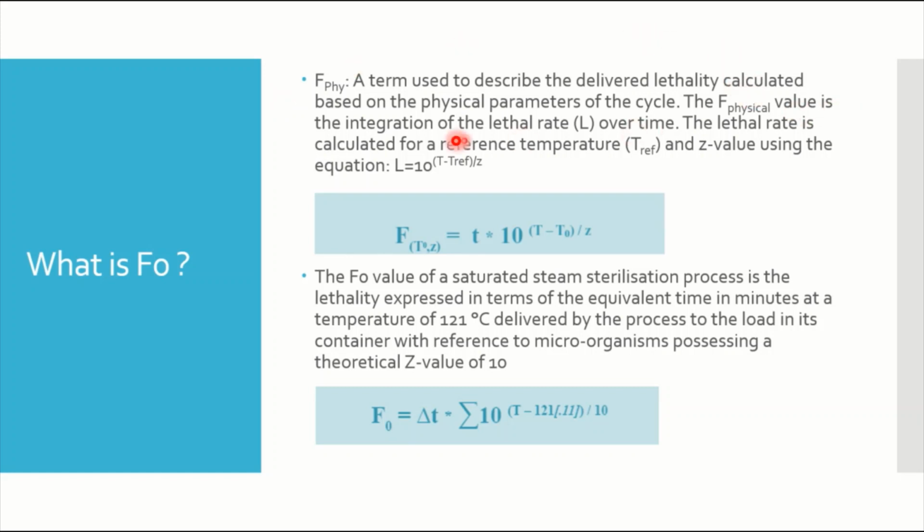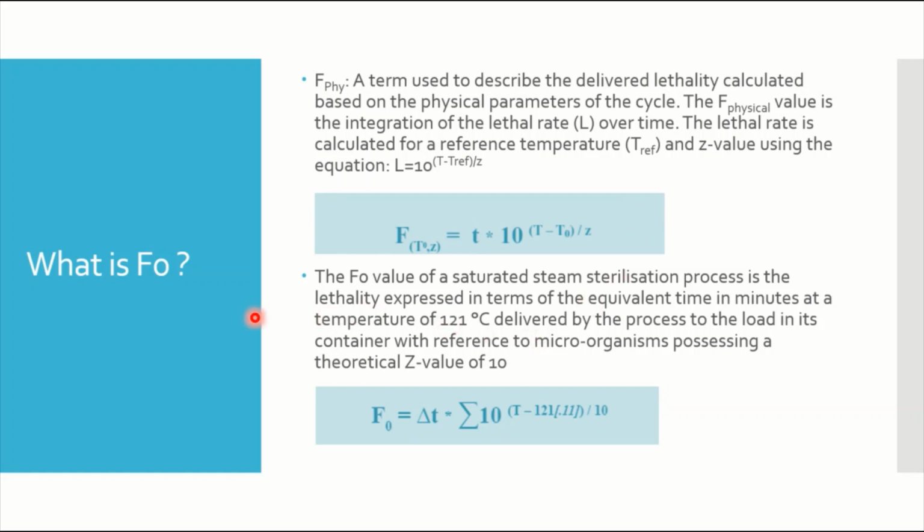The F physical value is the integration of the lethality rate L over time. The lethal rate is calculated for a reference temperature T reference, which can be 121 when we talk about F0, and the Z value, using the equation I have shown in the earlier slide. So this is the equation to calculate the F physical.